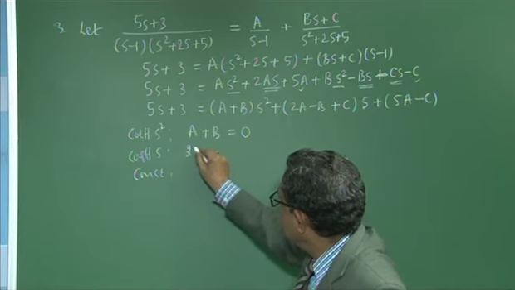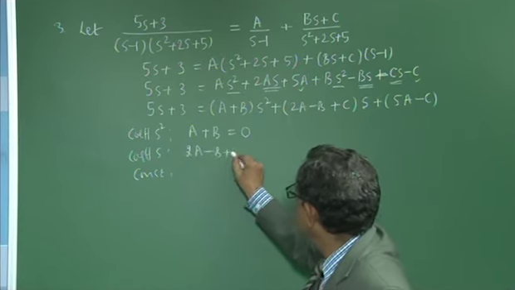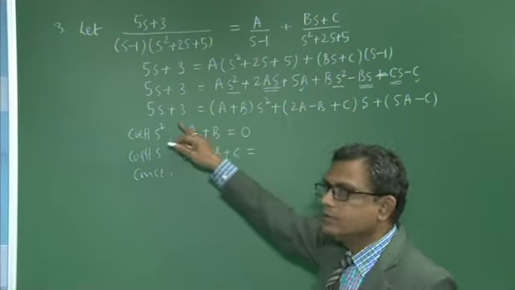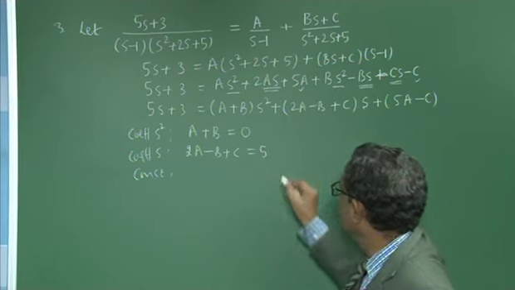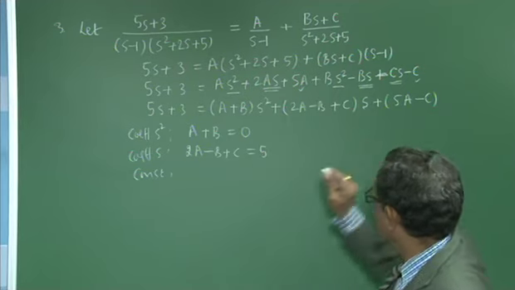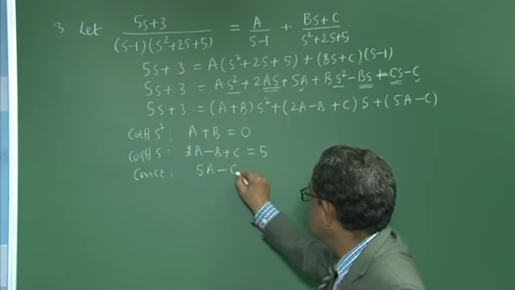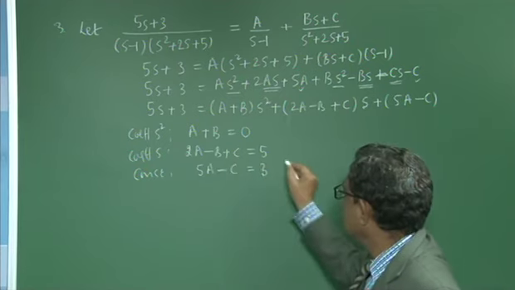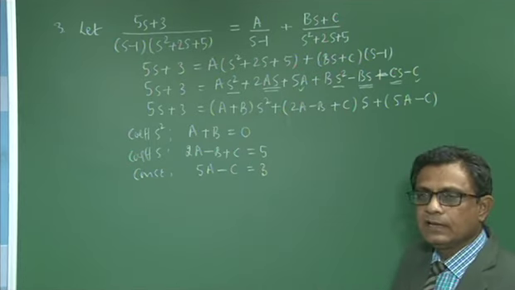Next, the coefficient of s in the RHS is 2a minus b plus c; in the LHS the coefficient of s is 5. Then the constant term in the RHS is 5a minus c; in the LHS the constant term is 3. Now we have 3 equations and 3 unknowns.